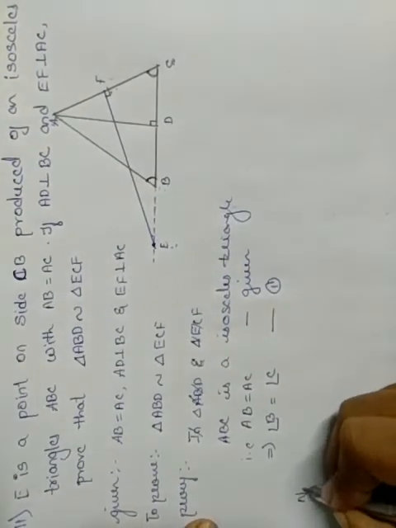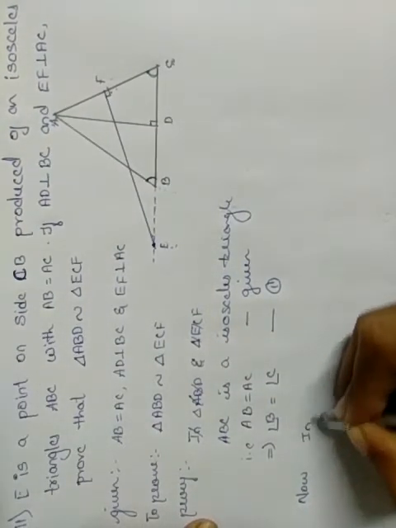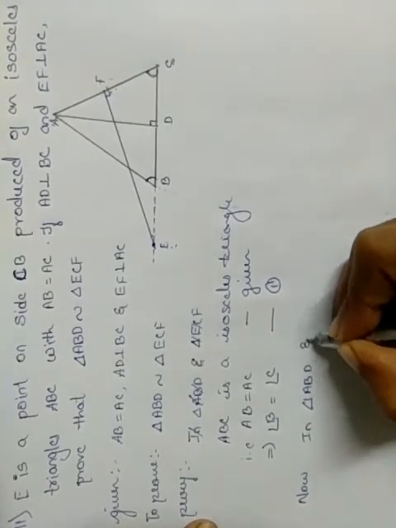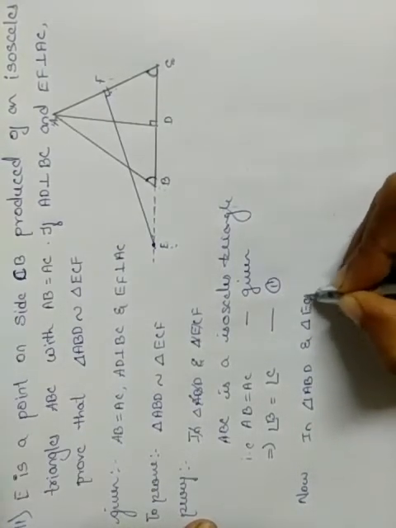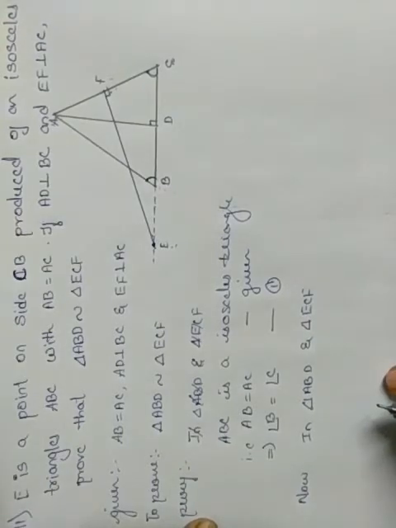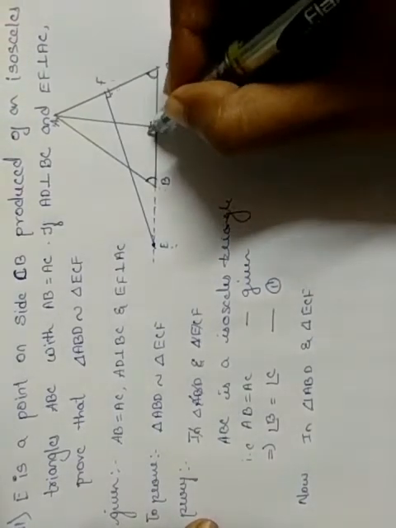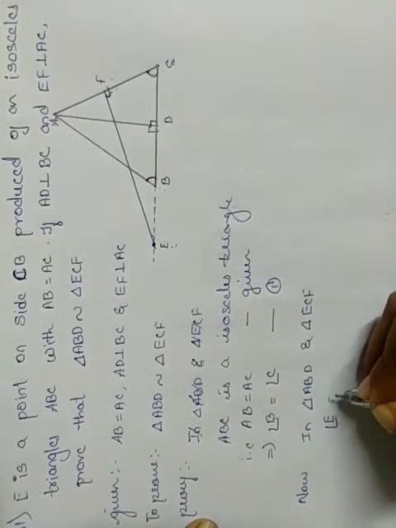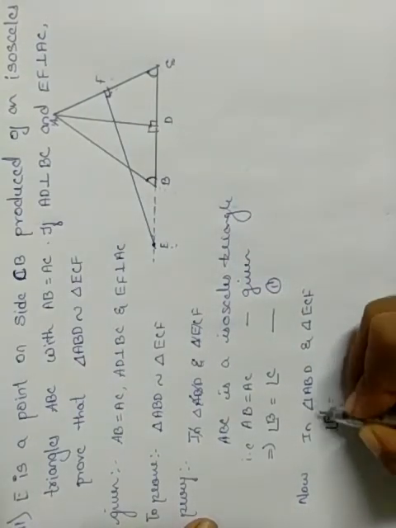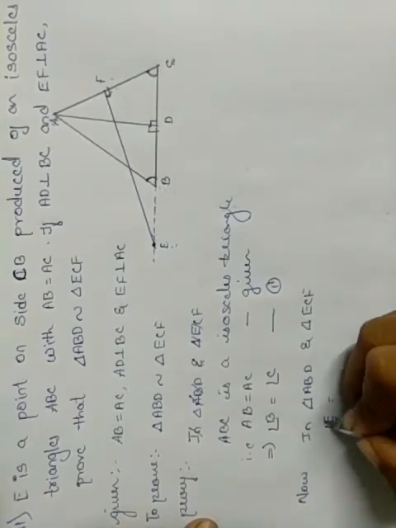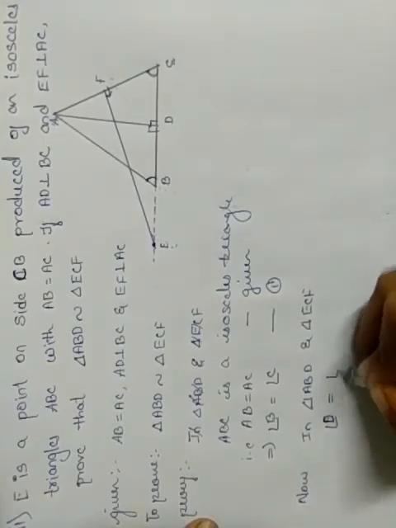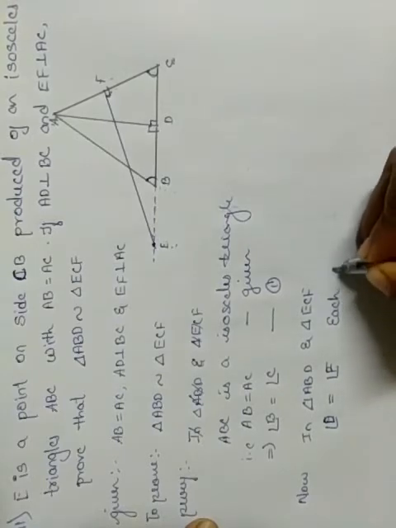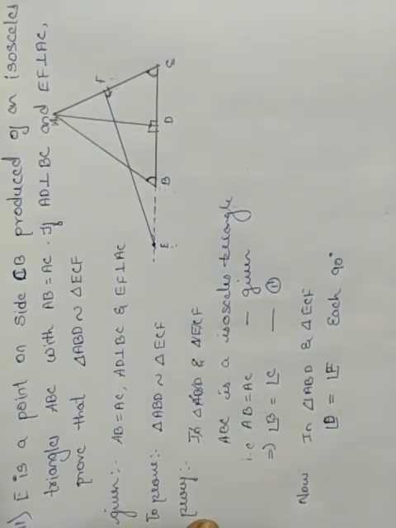Now we'll consider two triangles, triangle ABD and triangle ECF. In these two triangles, angle D is equal to angle F because each is 90 degrees.